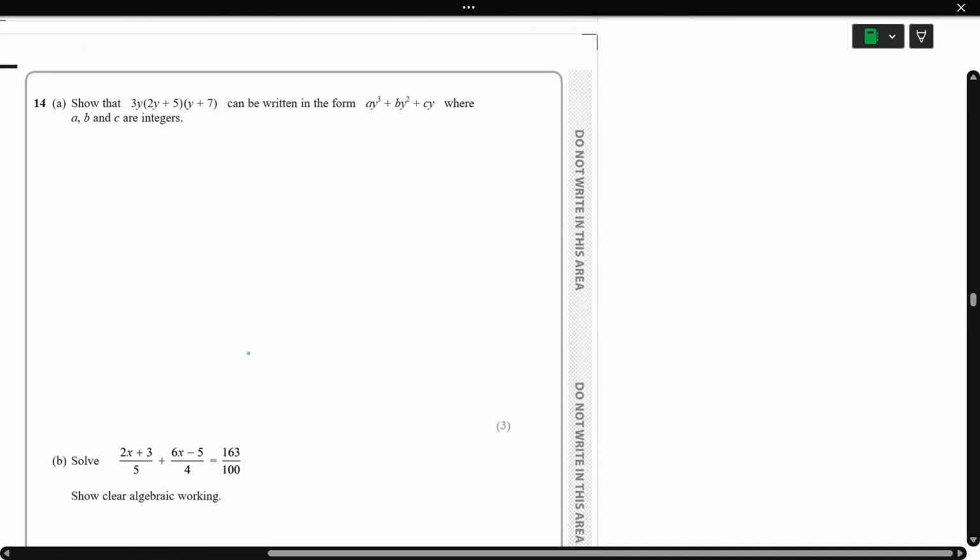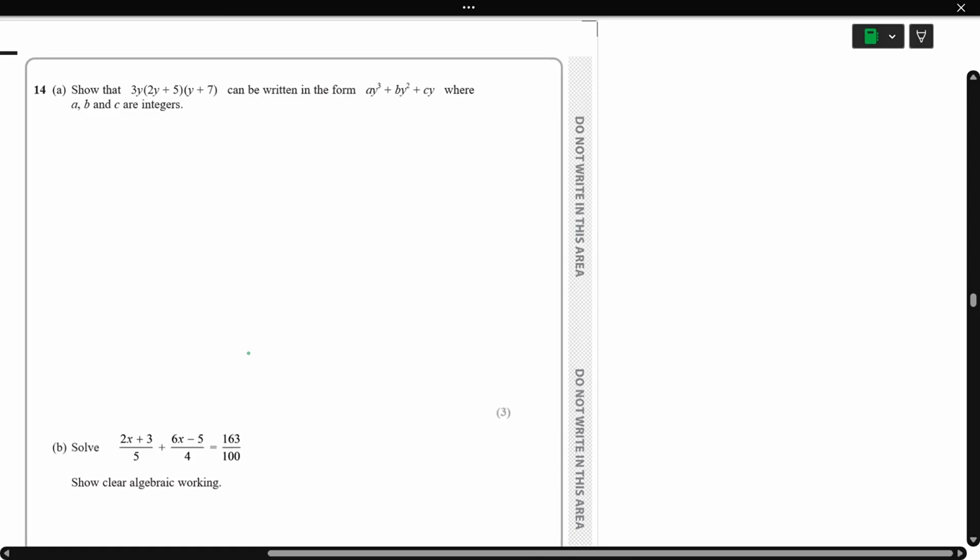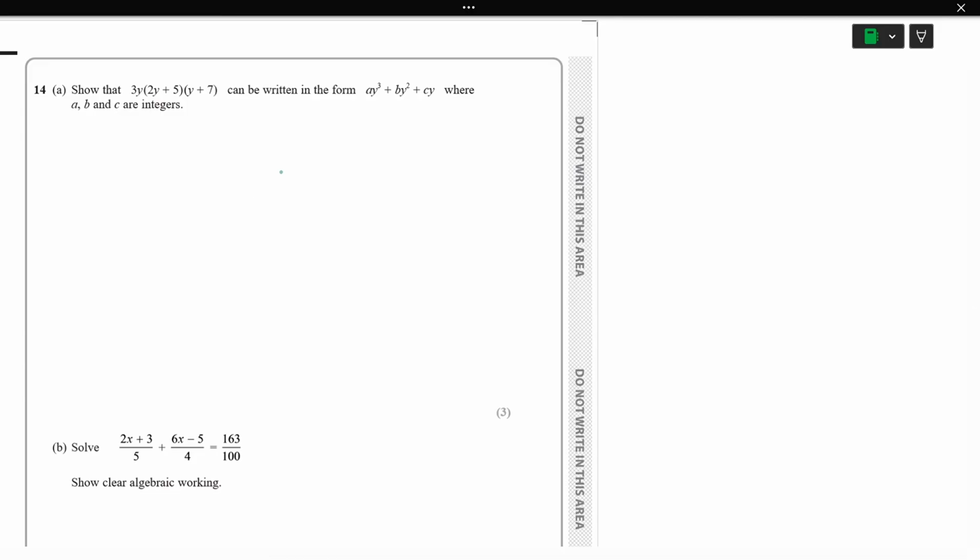Okay, next, question 14. Show that 3y into 2y plus 5 into y plus 7 can be written in the form ay cubed plus by squared plus cy. We need to expand here. First I expand the first two, and I get 6y squared plus 15y, into y plus 7.